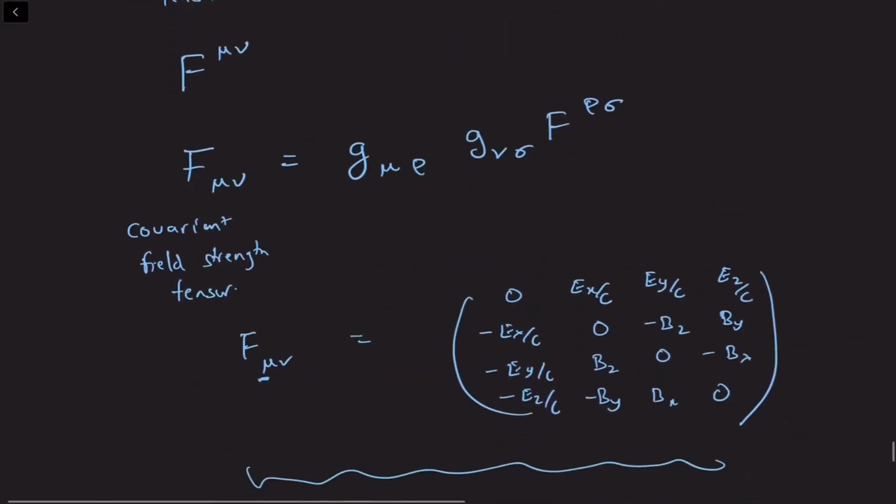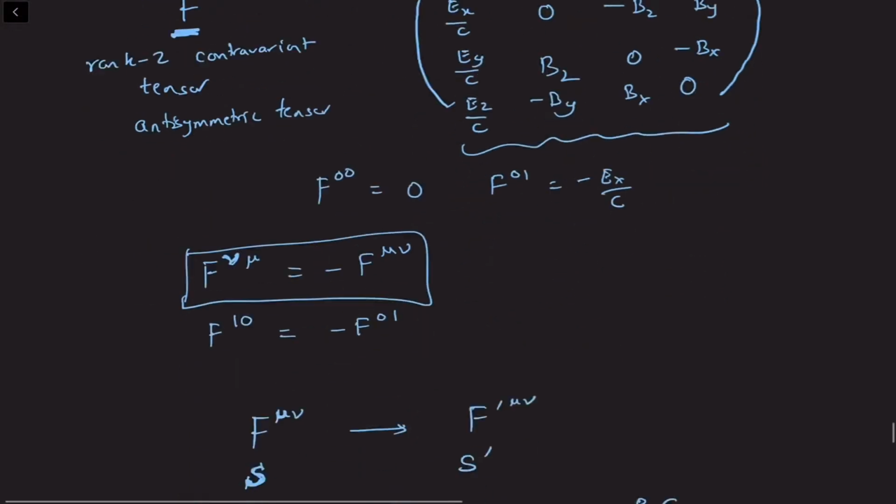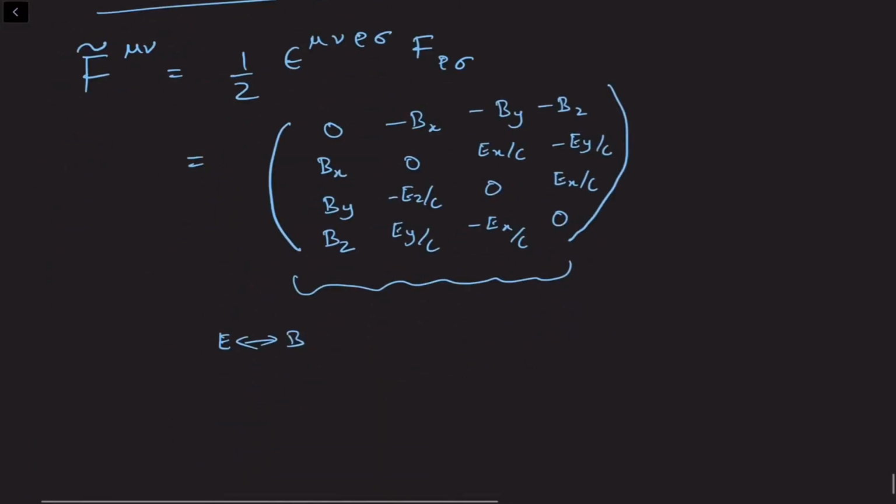Our old F mu nu looks like this, and now we exchange the locations: minus Ex by c, we replace with minus Bx, and everywhere we have Bx, we replace that by Ex by c. If we do that, we get this dual field strength tensor. Sorry, this should be Ez by c.